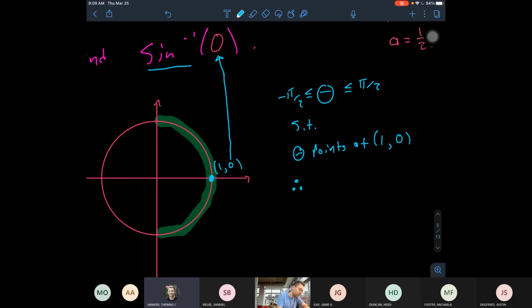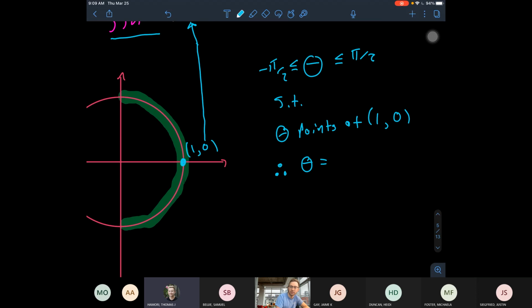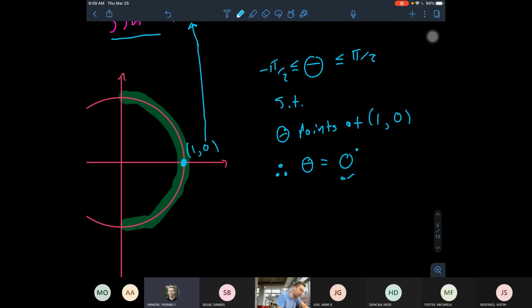Therefore, sometimes that's the 3 dots we use for therefore, theta equals what? What angle points in that direction? Yeah, 0. 0 degrees or 0 radians.